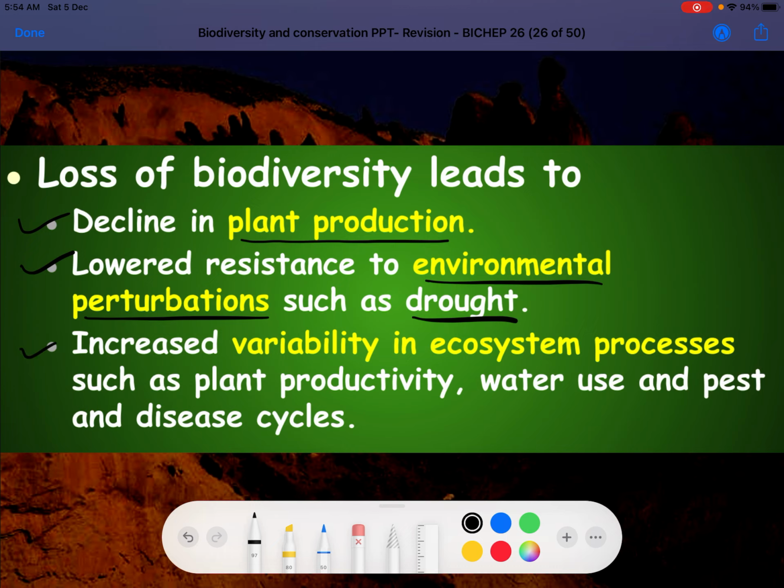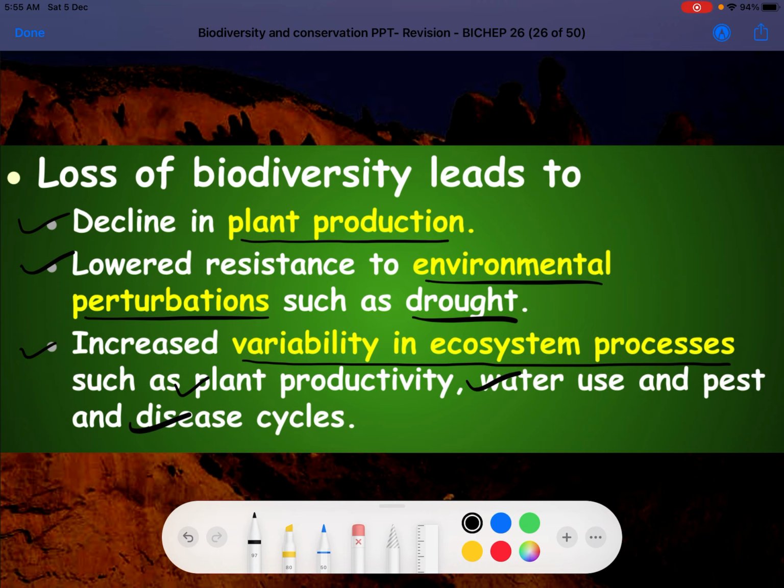Third, increased variability in the ecosystem processes. We have already gone through the structure and function of the ecosystem. So it is producing variability, that is, some disturbances in either ecosystems or ecosystem processes like plant productivity, water use, and pest and disease cycles.